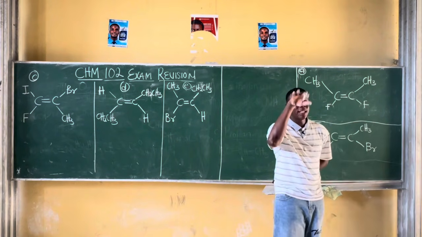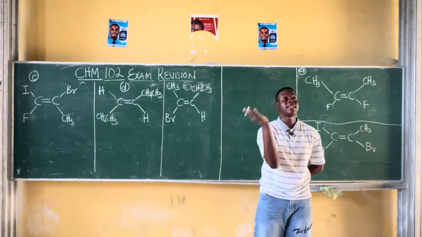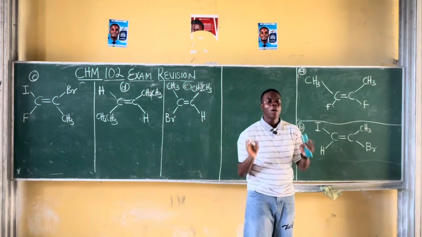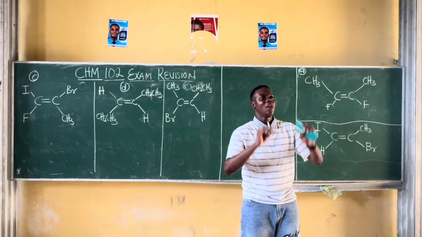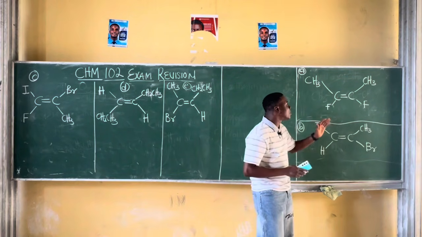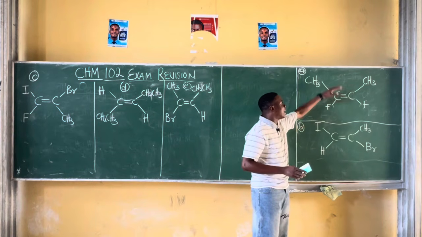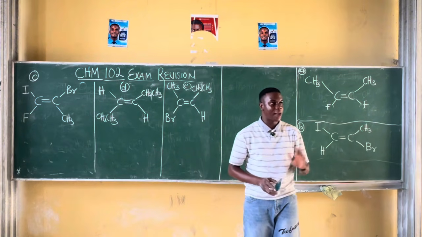Now, the truth is this. If you use cis naming and you focus on the fluorine, you're correct. But using the IUPAC standard, priority will matter because we are dealing with both fluorine and methyl. So the priority here matters a lot. Are you following?